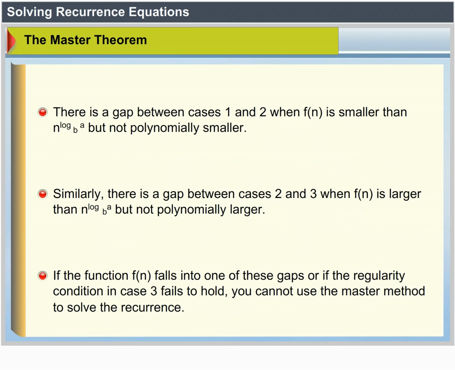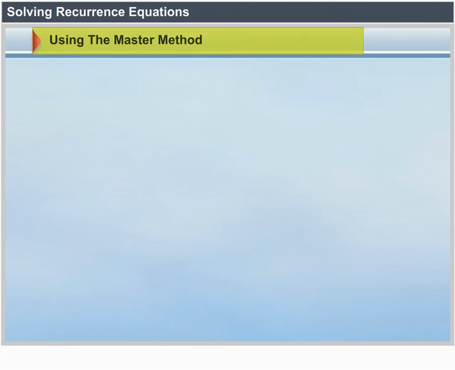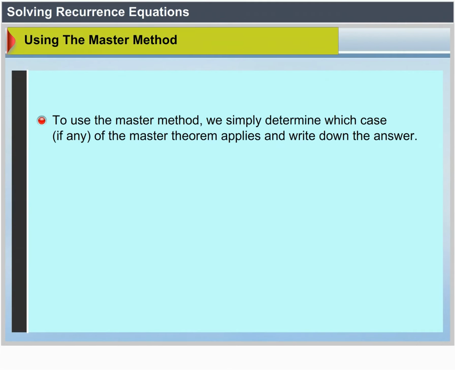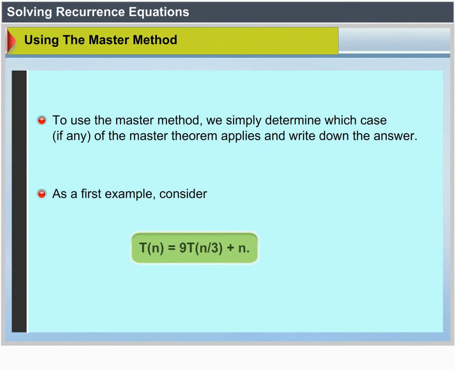Using the master method. To use the master method, we simply determine which case, if any, of the master theorem applies and write down the answer. As a first example, consider T(n) = 9T(n/3) + n.